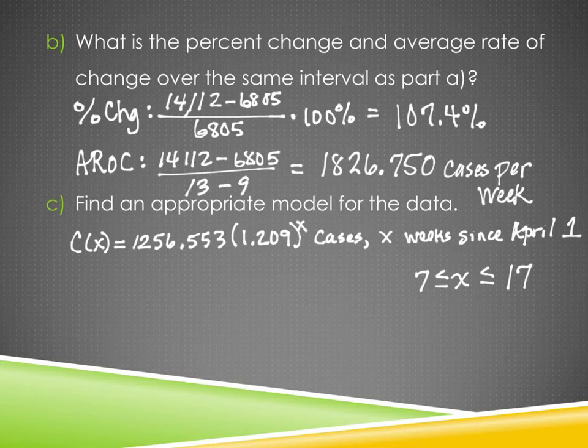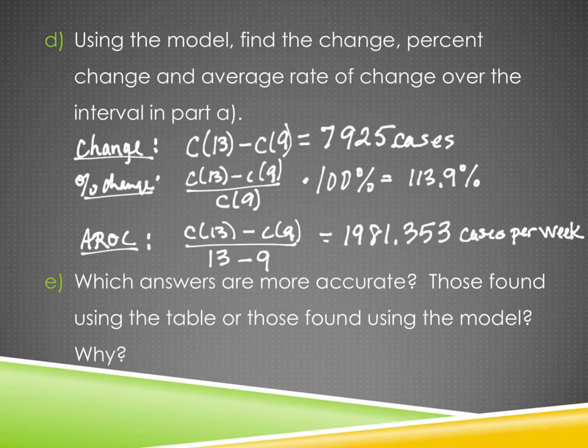It did an approximation. So is the model going to be better, or is the actual data going to be better? The actual data, because the actual data didn't approximate or estimate anything. Now, it's only as good as the actual data's values being correct, of course. But it's more accurate with the data than it is with the model because the model approximates. So over here, which answers are more accurate?